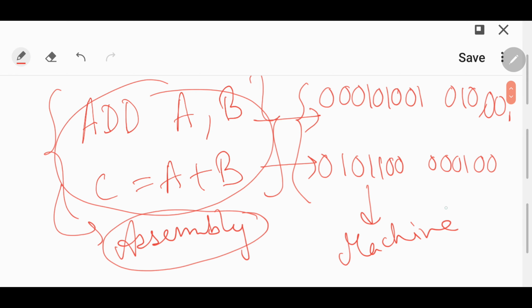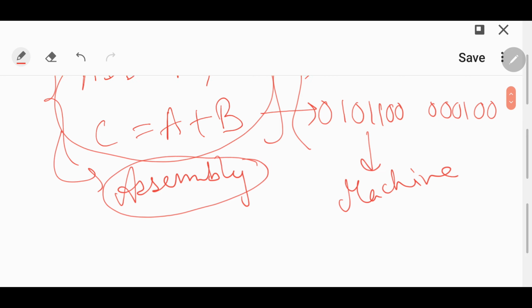So it is difficult for a common man to learn machine language. Therefore, with the help of assembly language, some user-friendly codes are used so that a normal person without much knowledge can also start his journey in computer science.